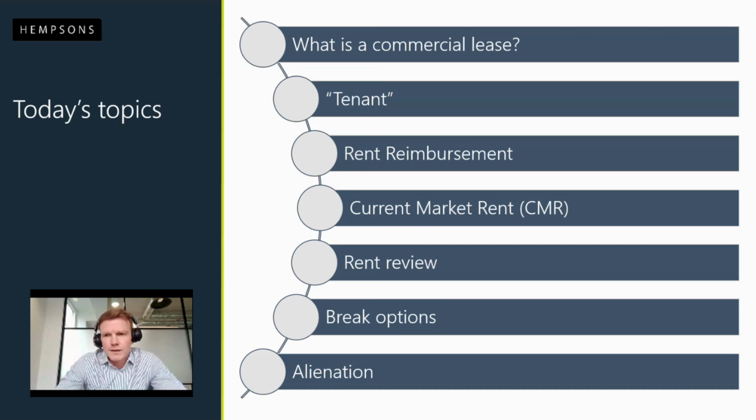But certainly get advice from a specialist in the primary care sector, because as some of you will know, and as will become apparent, this is a niche area within the context of commercial leases, not least because of the involvement of third parties, which we'll come on to in more detail shortly.